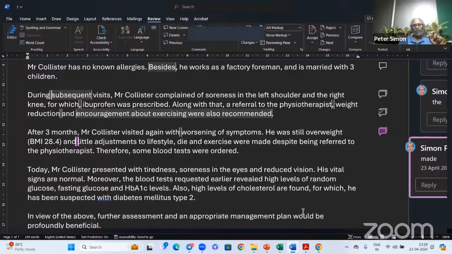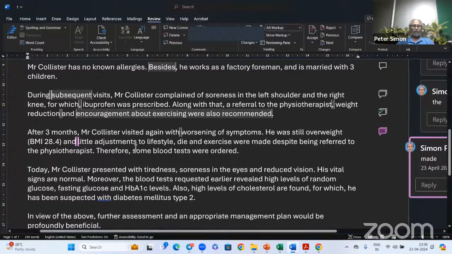Made few lifestyle modifications. Simple. He was still overweight and made little adjustments to lifestyle, or made few lifestyle modifications. Okay, made little adjustments to lifestyle.